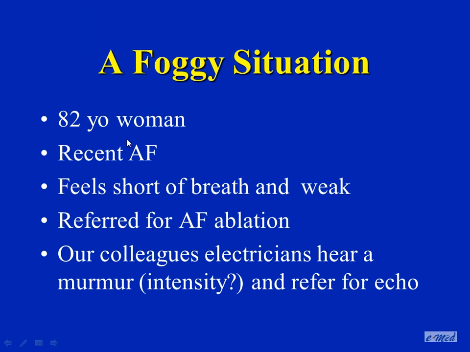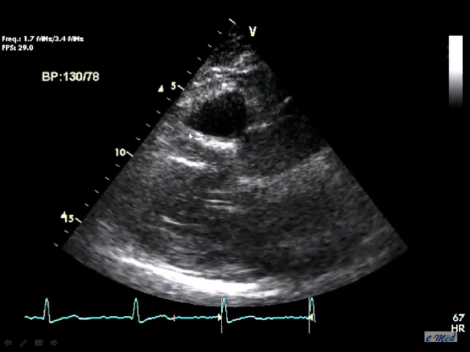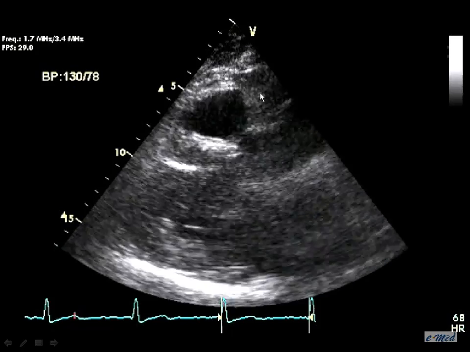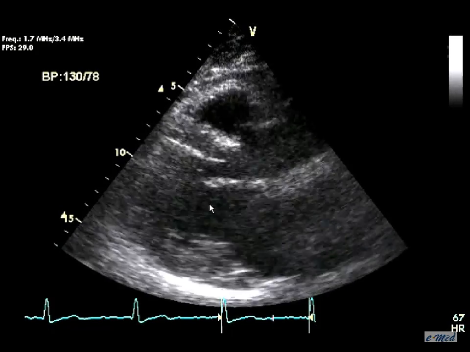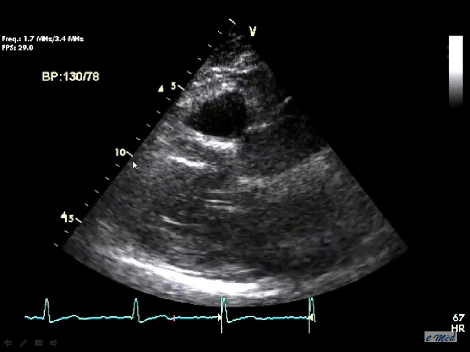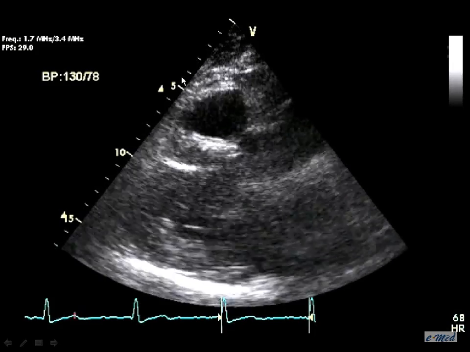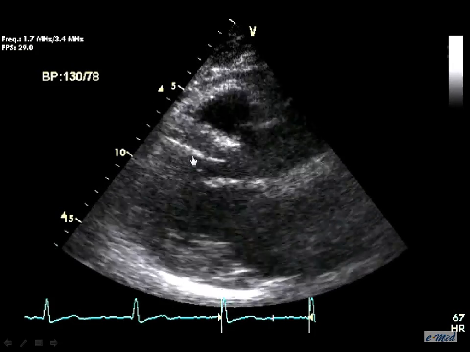Here is an 82-year-old woman, recent atrial fibrillation, and she's referred for atrial fibrillation ablation to our colleagues, to our electrophysiologists. And so you see the standard echo, barely anything visible, and you look at that and you say, okay, well, there is a mitral valve.